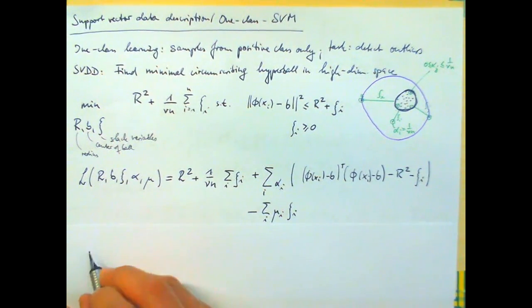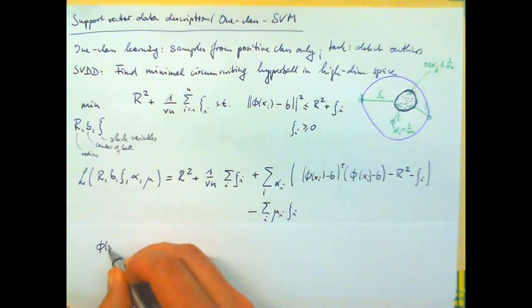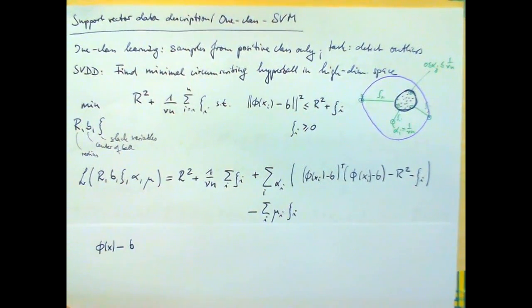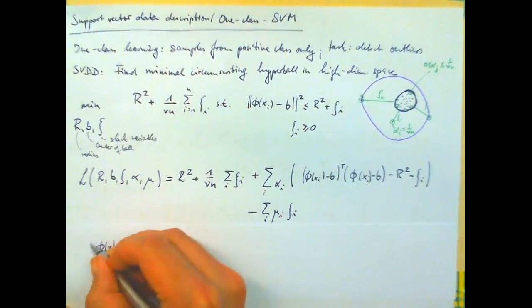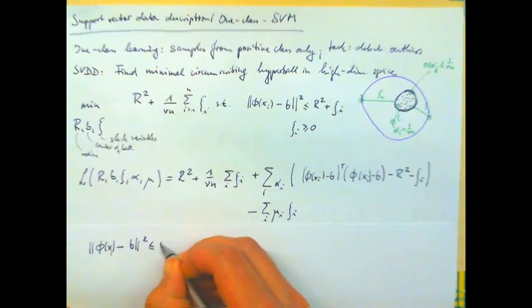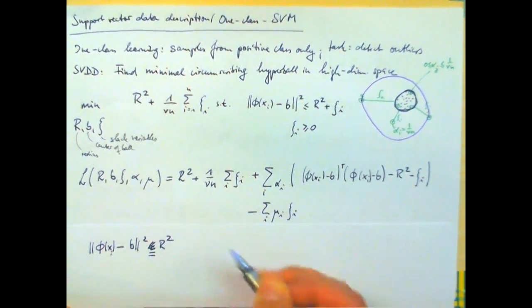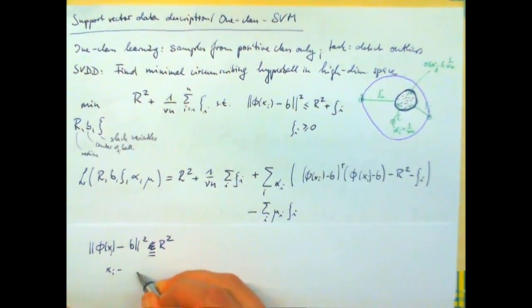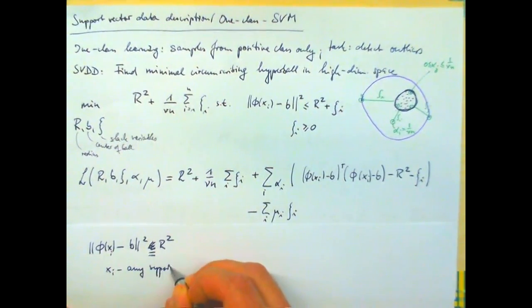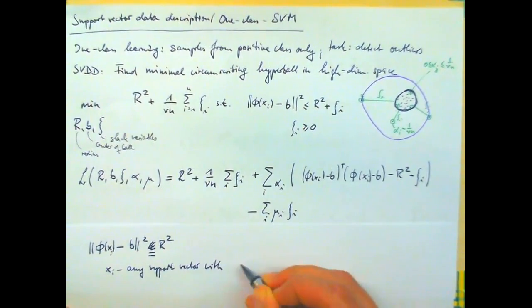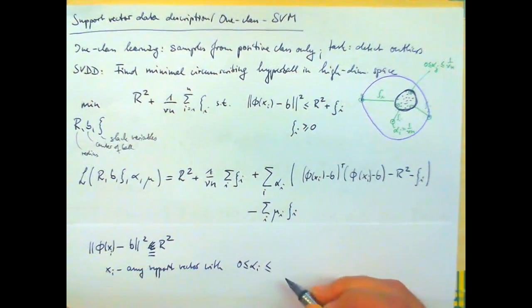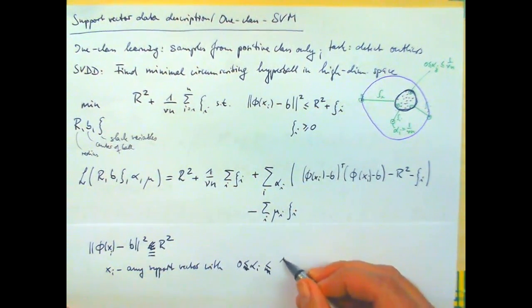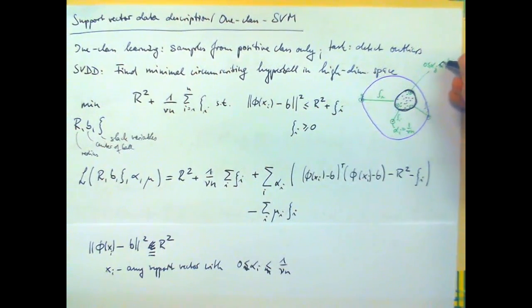So the radius is defined by, sorry, it's an equality now, where x_i is any support vector which has a Lagrange multiplier that takes a value larger than 0 and smaller than this upper limit. This should be a strict smaller here.